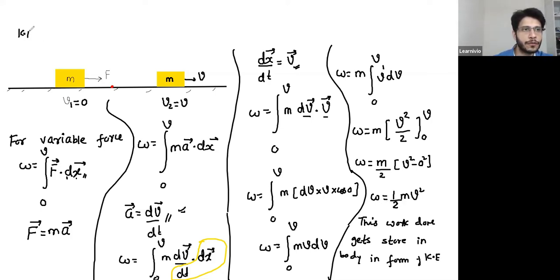So the expression of kinetic energy is half m v square. This is the expression of kinetic energy, which is half m v square. So this is kinetic energy.